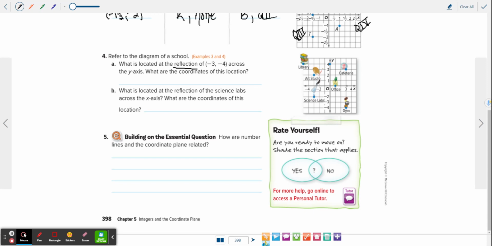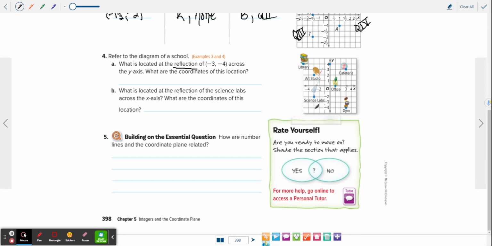Okay, so negative 3, negative 4. There's nothing there, but if we do the reflection, I thought they would have something here, but they don't.